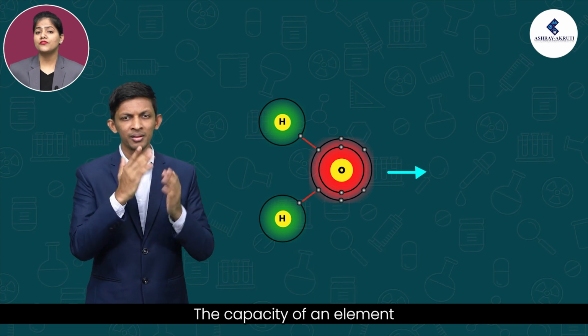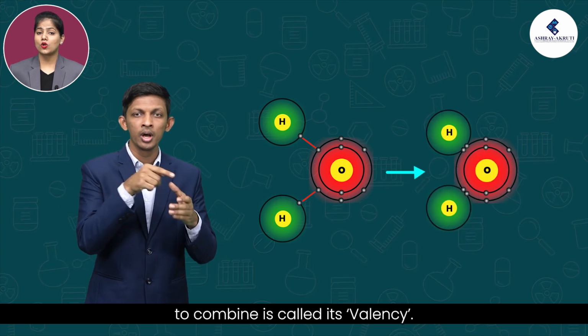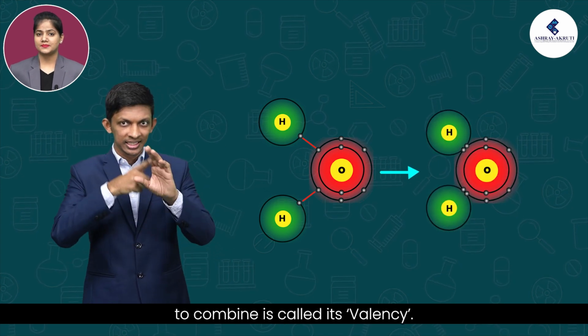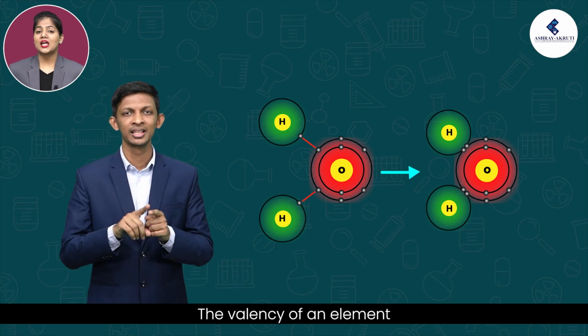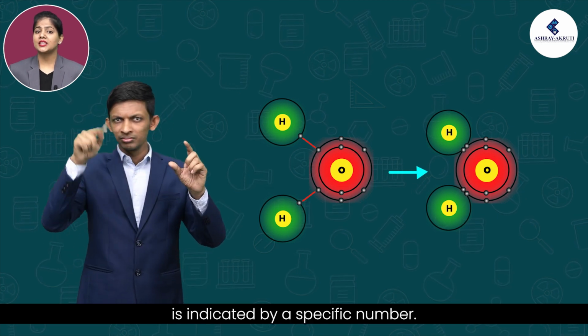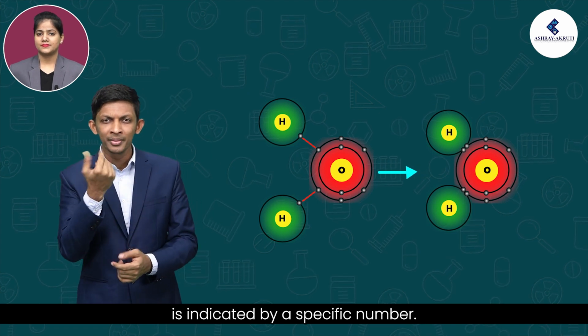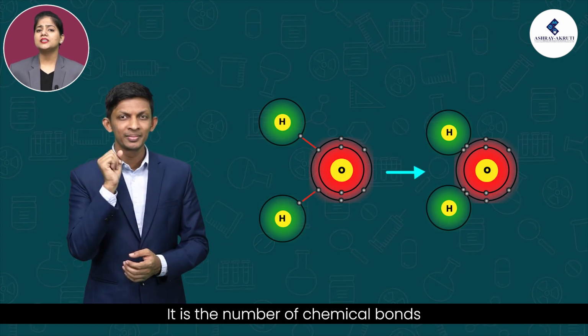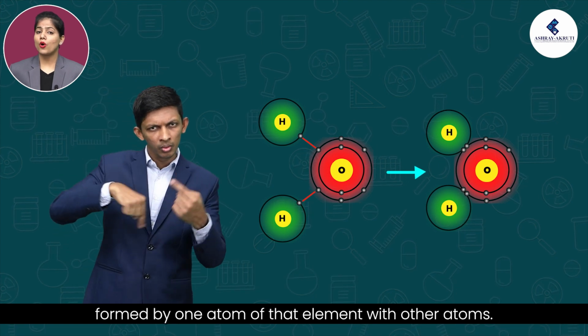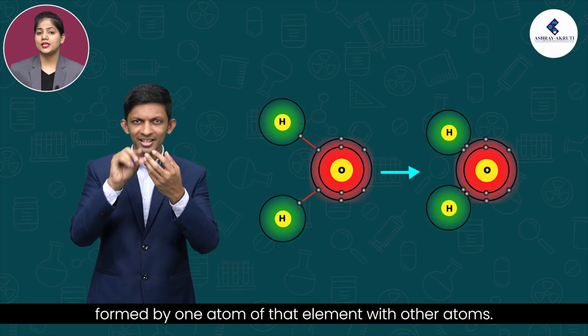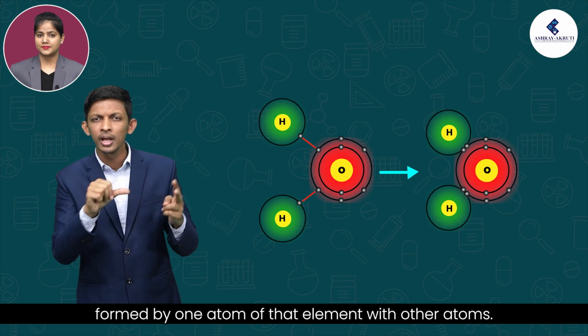The capacity of an element to combine is called its valency. The valency of an element is indicated by a specific number. It is the number of chemical bonds formed by one atom of that element with other atoms.